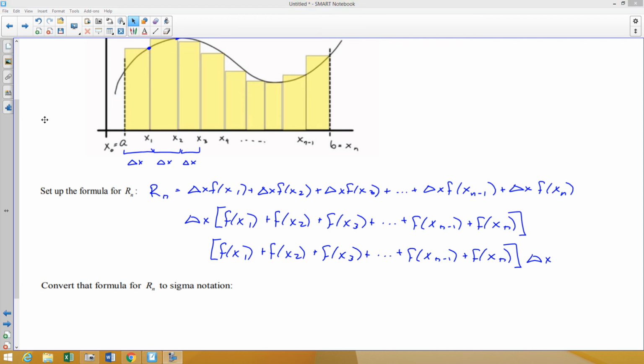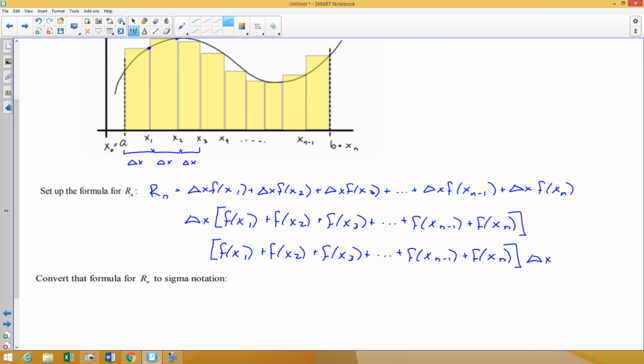All right, so now what I'm going to do is take that formula, and we're going to convert it to sigma notation. If you notice, we are adding a whole bunch of stuff here, and when you have a repetitive pattern of addition, you could write that formula in sigma notation or summation notation. And so what we are adding up is a whole bunch of f of x's, but the subscript of x is changing.